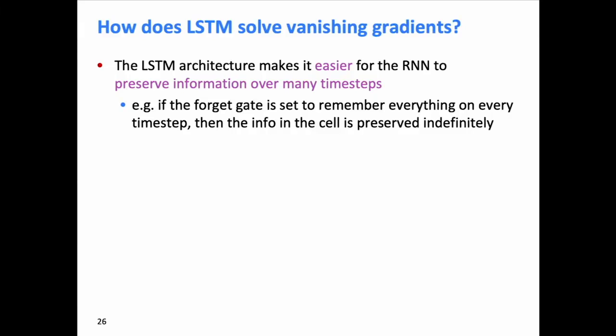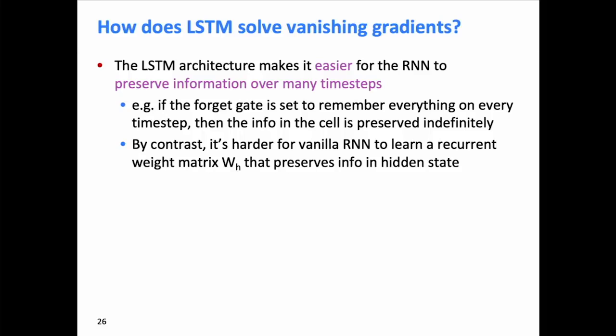Namely, if the forget gate is set to remember everything on every step, that's a fairly simple strategy that will ensure that the information in the cell is preserved indefinitely over many time steps. I don't know if that's actually a good strategy for whatever task you're trying to do, but my point is that there is at least a fairly straightforward way for the LSTM to keep the information over many steps. And as we noted, that's relatively harder for the vanilla RNN to do. So you can think of this as the key reason why LSTMs are more able to preserve the information and thus are more robust to the vanishing gradient problem.